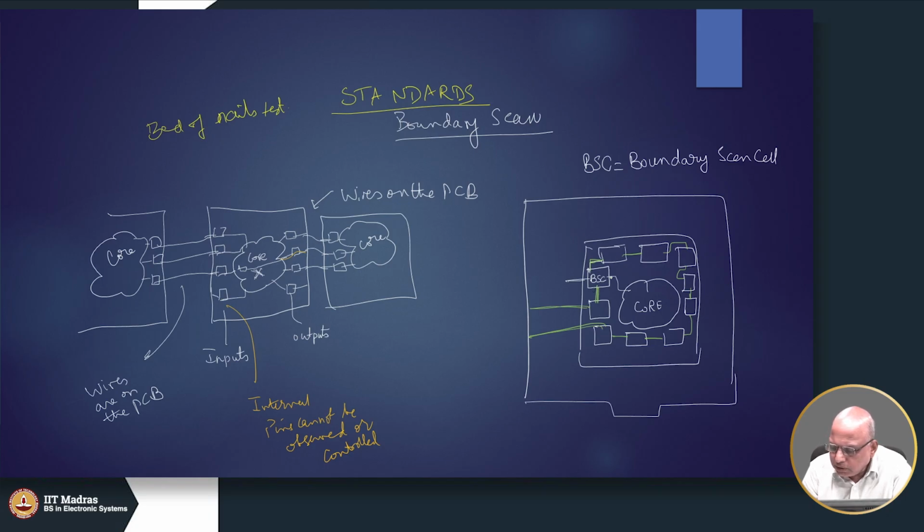So, now the advantage would be, if I want to send some value to any one of these wires, I can depend on the boundary scan cells. So, we can connect all boundary scan cells into a scan chain.